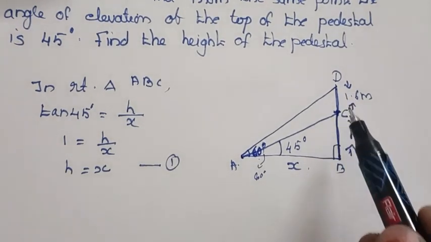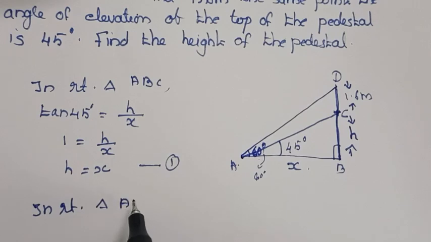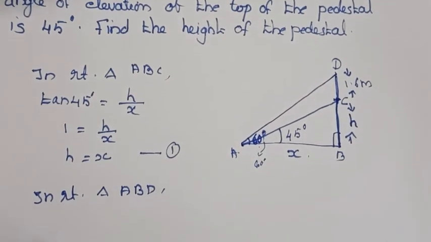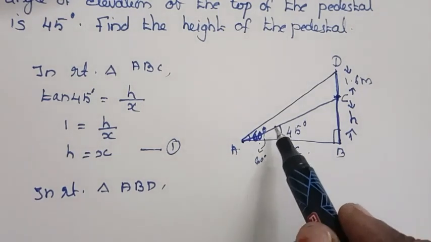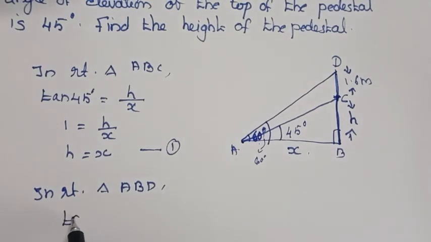Now in right triangle ABD, take tan 60 degree. Here the complete angle is 60 degree.